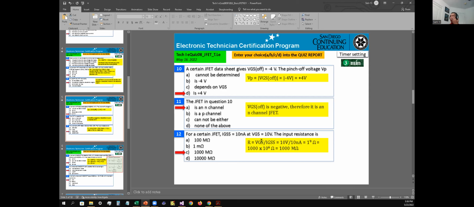So resistance equals voltage divided by current, or VGS divided by IGSS, which is 10 volt divided by 10 nanoamp. That comes to 1 times 10 to the 9th ohm, or 1000 times 10 to the 6 ohm. So that's 1000, and 10 to the 6 represents mega. So the answer is C, as in cat, for number 12.